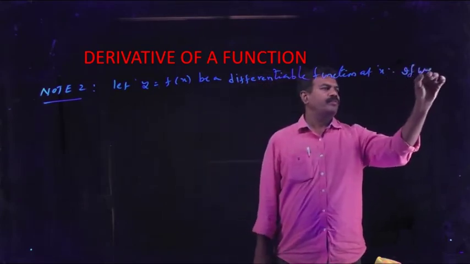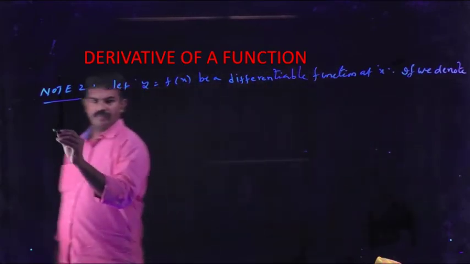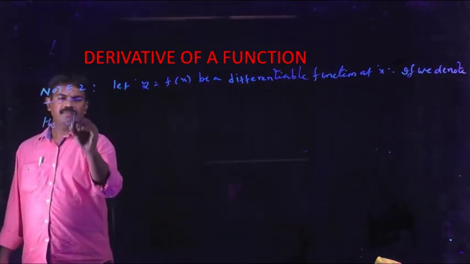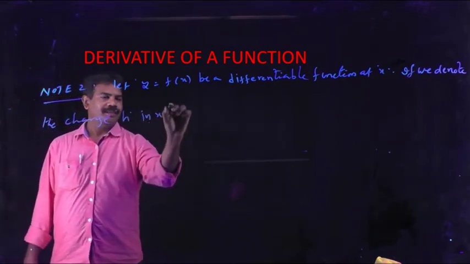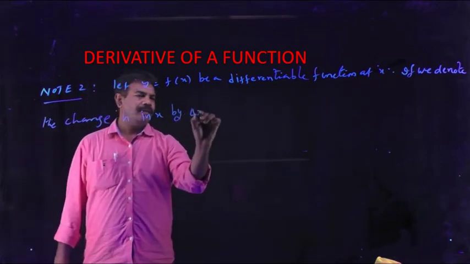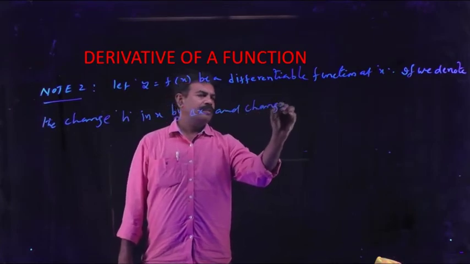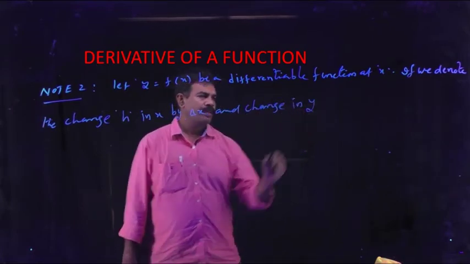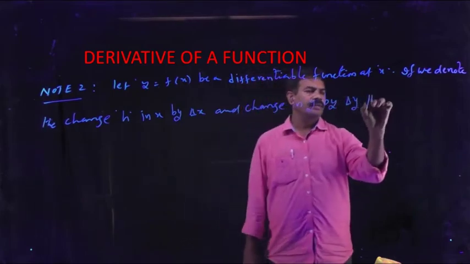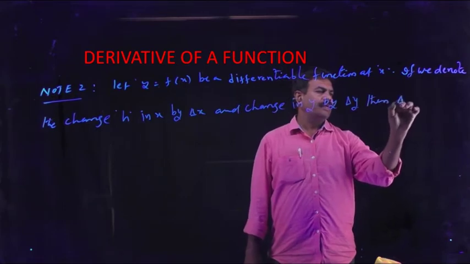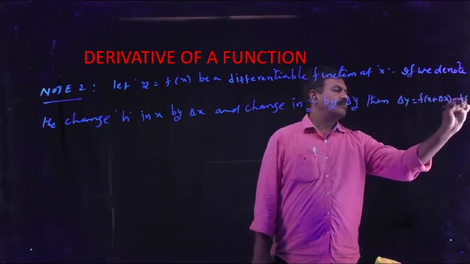If we denote the change h in x by delta x and the change in y by delta y, then delta y is equal to f of x plus delta x minus f of x.